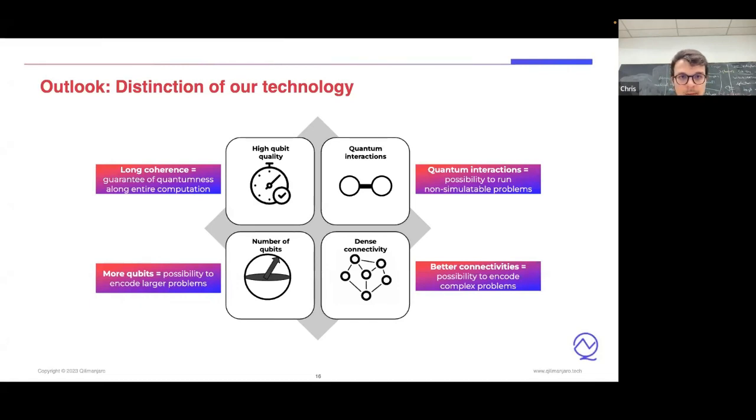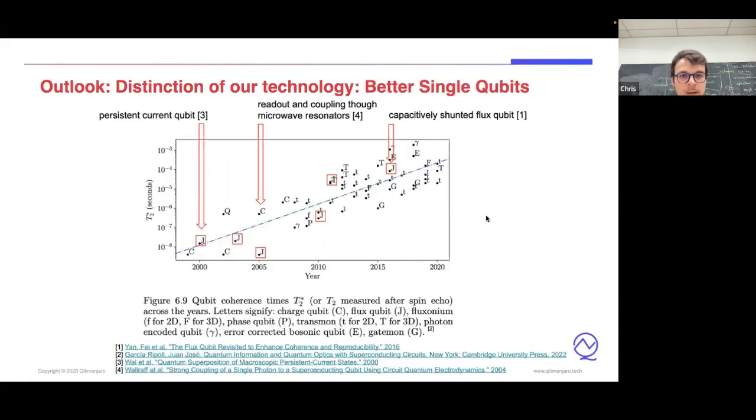And just as a little outlook, why we are confident that we can build a system with better single qubits, I think I can explain just by looking at this graph, because in the last 20 years, you can see the coherence times here on the log scale increasing radically, and I marked some key developments.